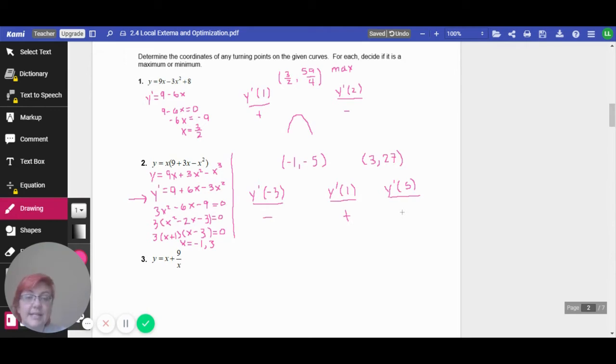That is negative. So I'm going from negative to positive here. So this is a minimum. Because remember, negative to positive is decreasing to increasing. And then here I go from positive to negative or increasing to decreasing. So this is a max.